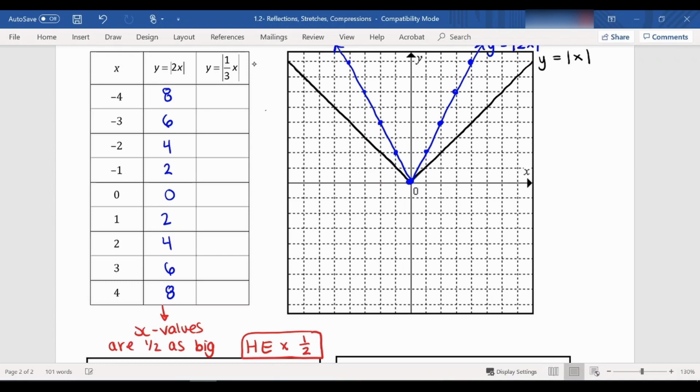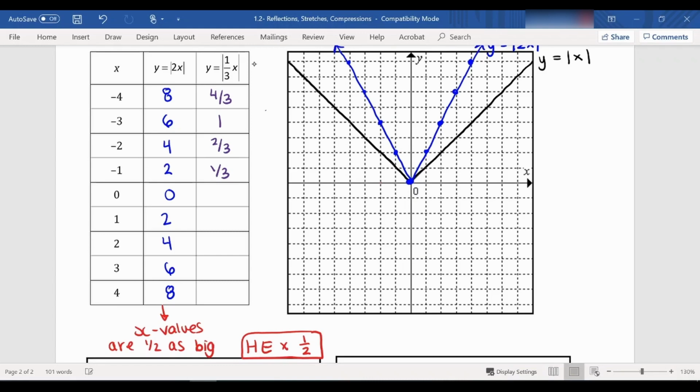So if I take the first one, the first one's not going to be that nice. I get -4/3 inside my absolute value, which would give me 4/3. I might not want to plot that one. If I plug -3 in, I get -1 inside my absolute value, which gives me +1. Then I'm going to get 2/3 and then 1/3 if I plug those next x values in.